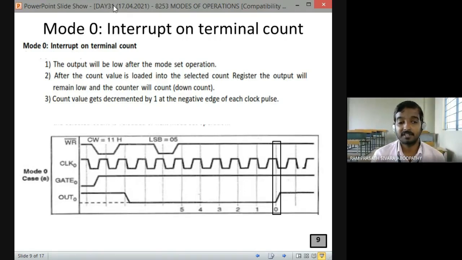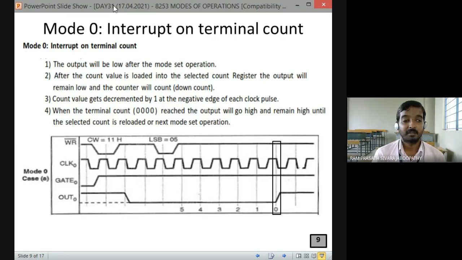Okay, நல்லா கவனிச்சீங்கன்னா தெரியும், இந்த terminal count வந்த உடனே எனக்கு என்ன ஆகுது, இந்த terminal count, that means value 00 reach, the output என்ன ஆகுது பாருங்க, will go high and remain high until the selected count is reloaded or next mode set operation. Is it clear?